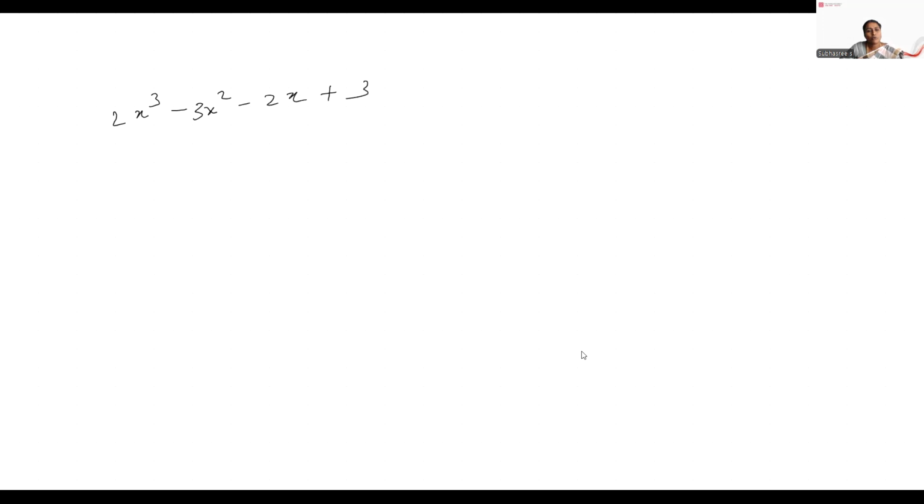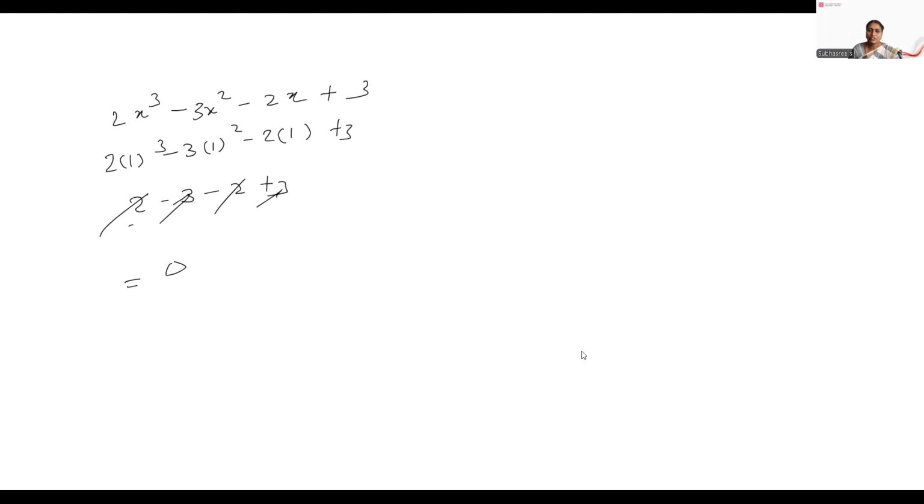Replace x by 1. So 2 into 1 minus 3 into 1 the whole square minus 2 into 1 plus 3. 2 minus 3 minus 2 plus 3. You see here plus 2 minus 2 cancelled, plus 3 and minus 3 also cancelled. The answer is 0.